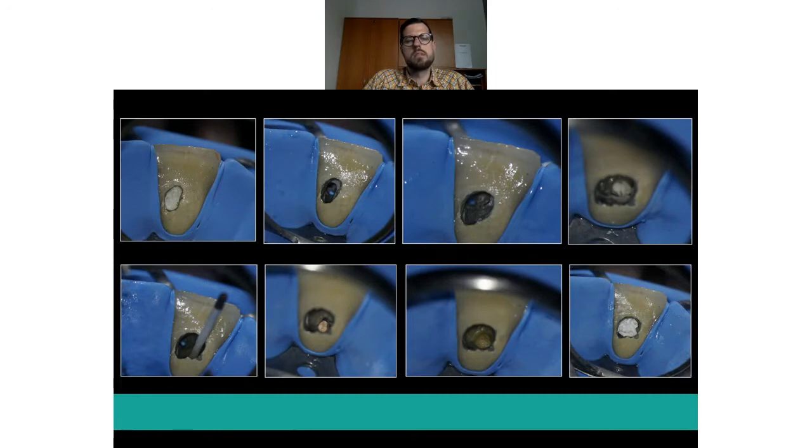So I did this case, and the doctor before me tried to do endo through the crown. And as you see, he perforated the crown on the other side, so he was totally wrong about the way the root canal is. So I did it in this case without the CBCT, but we can't be sure every time where we are.